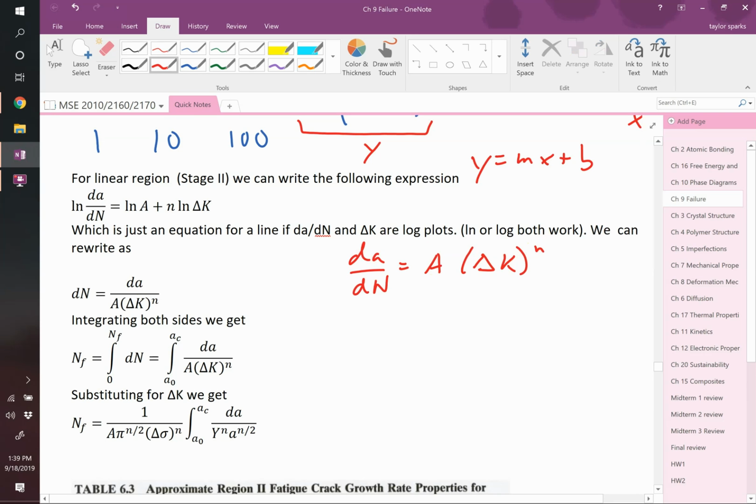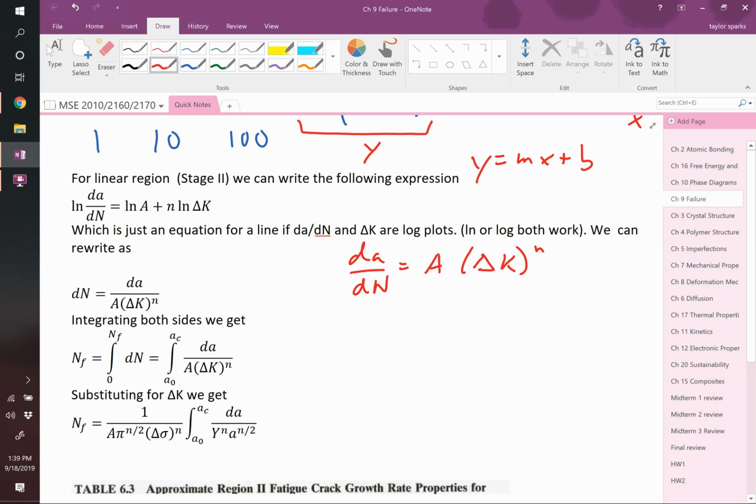I can separate the variables and get dA and dN on different sides of the equation, and that allows me to take the integral of both sides of the equation. If you've got dN alone, like this, then what's the integral from no cycles all the way to the cycles till failure of dN? It's just Nf, the number of cycles until it fails. So the number of cycles until it fails is right here.